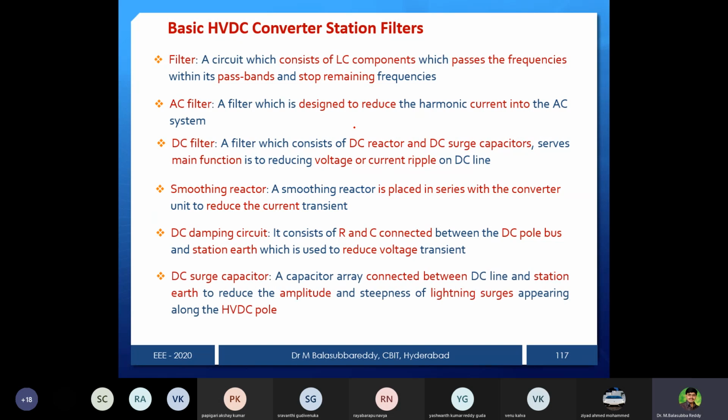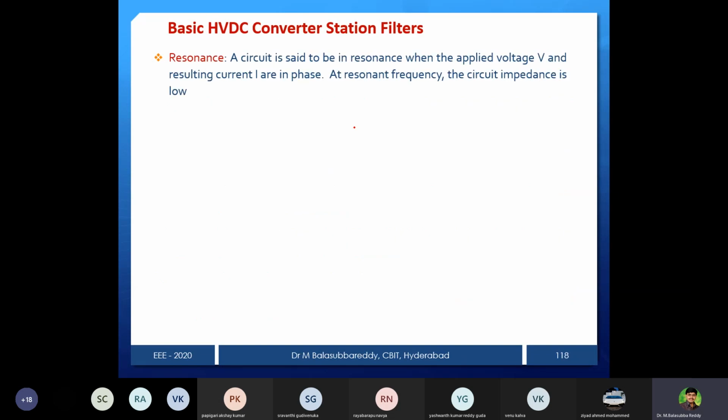And the DC surge capacitor is connected between the DC line and station earth to reduce the amplitude and steepness of lightning surges appearing along the HVDC pole. And a circuit is said to be in resonance when the applied voltage V and the resulting current I are in phase.